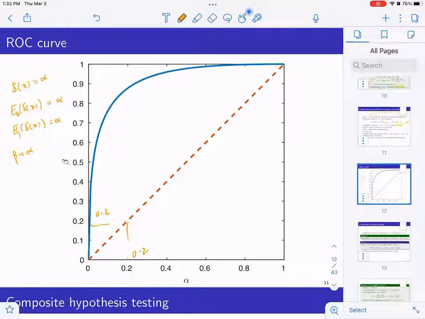And what Neyman-Pearson tells you is that this part is not achievable. No test can live here.